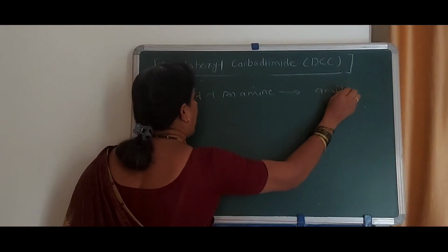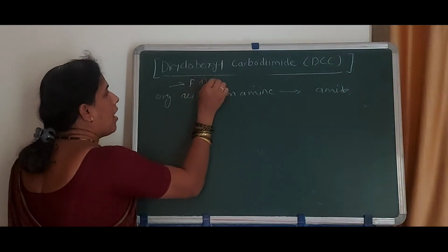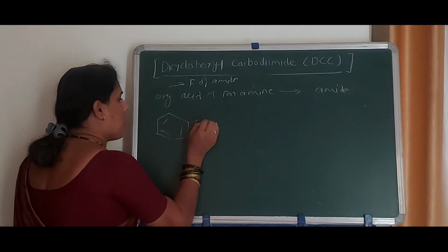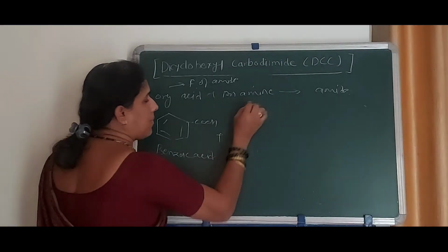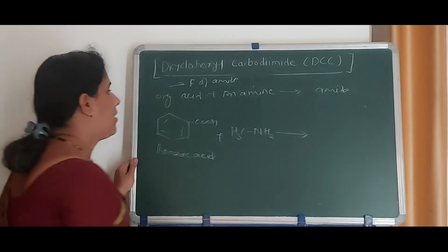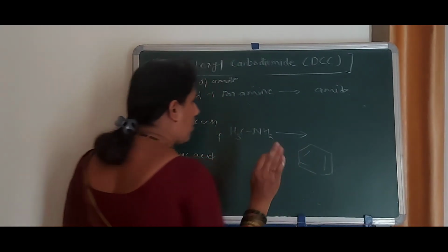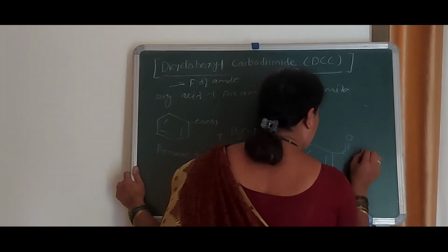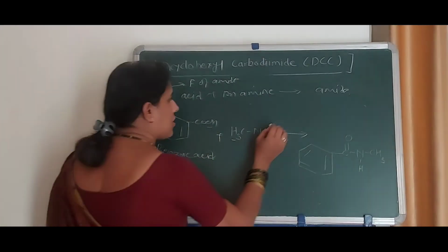Formation of amide takes place from an organic acid, for example C6H5COOH, benzoic acid, plus a primary amine, CH3NH2. Then there is removal of OH and H as a water molecule.